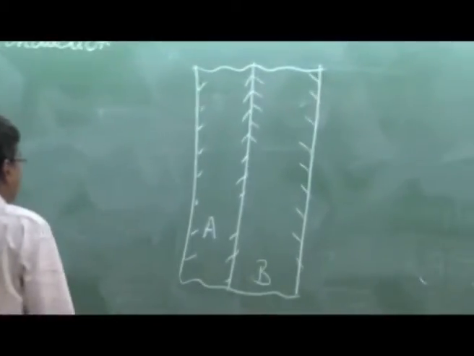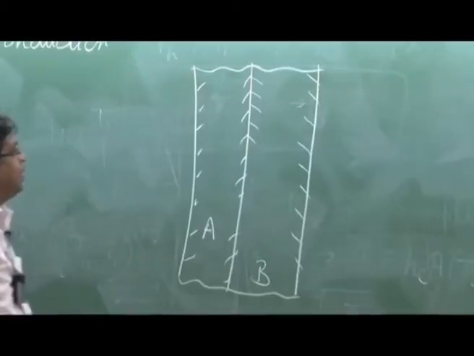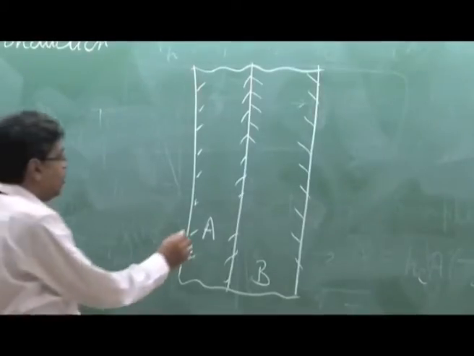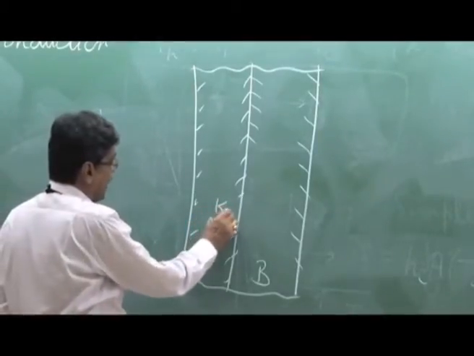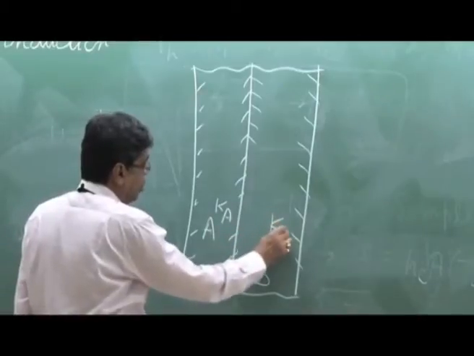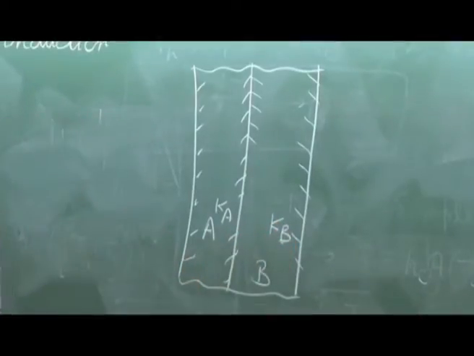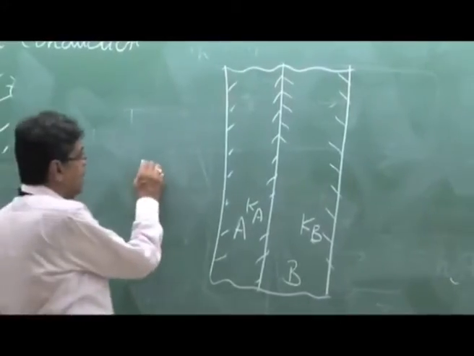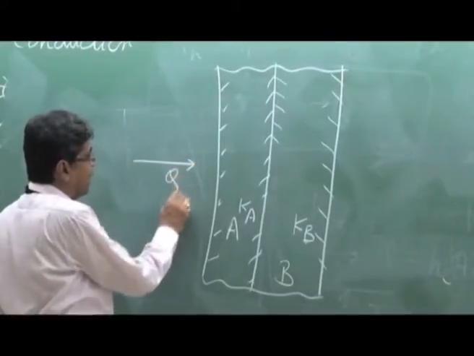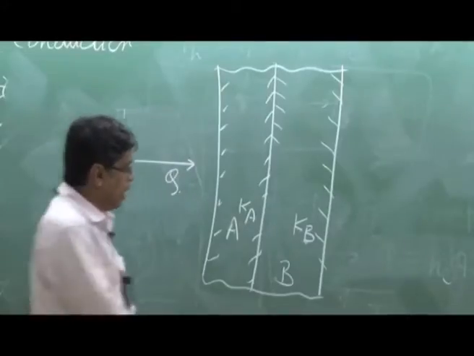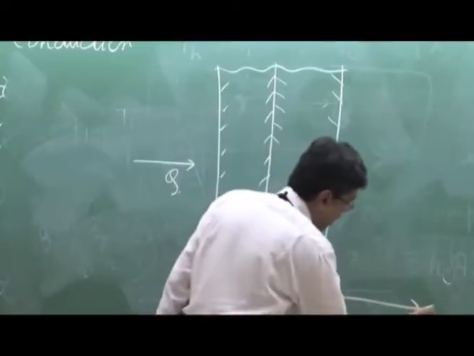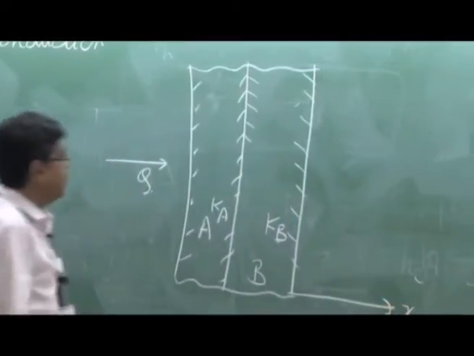First of all, I will assume that. And they are of different thermal conductivity, Ka and Kb, which are not equal. But the heat transfer problem is steady. That means the temperature is one-dimensional because of the geometry and the boundary conditions.